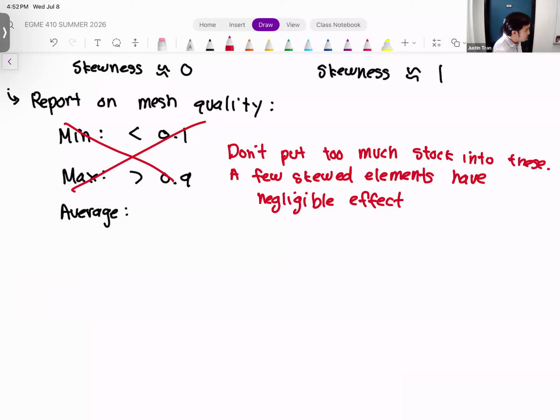A lot of times, the locations where you have your highly skewed elements are in areas that are usually not very consequential. And so usually that's not too much to panic about.